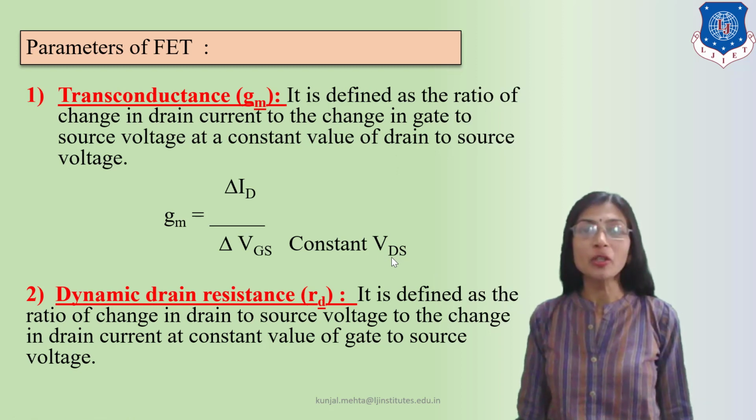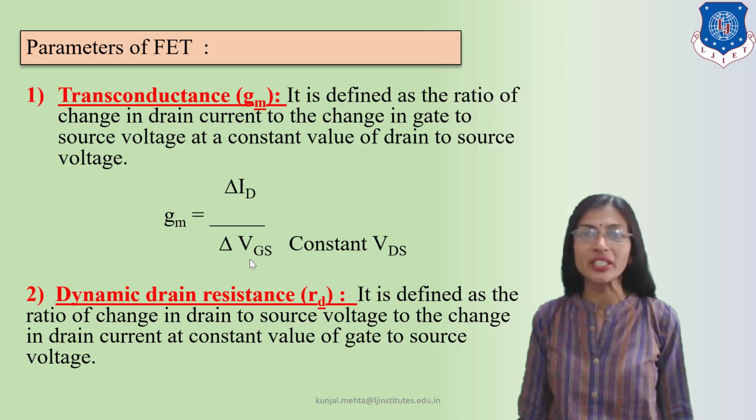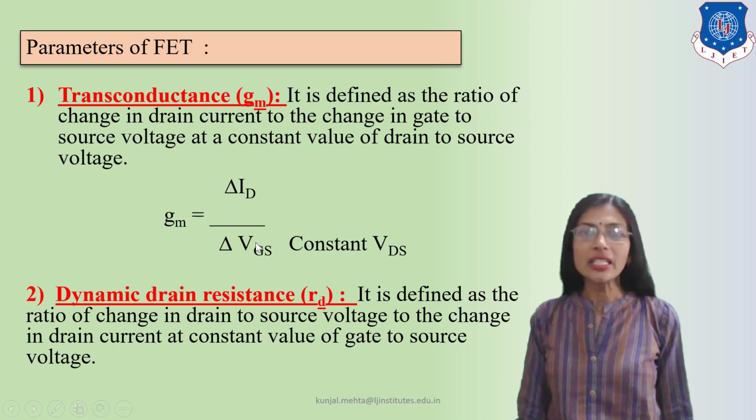By keeping different constant values of VDS, we will measure the ratio of delta ID and delta VGS. That means GM is equal to delta ID upon delta VGS. This is the reciprocal of resistance, current upon voltage. This is one of the most important parameters of FET, transconductance.